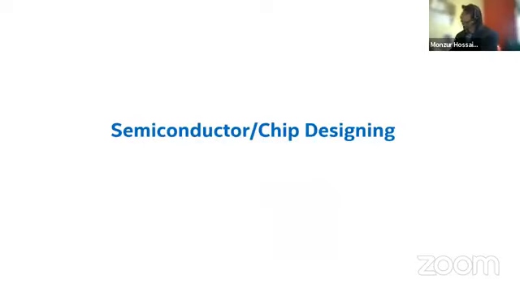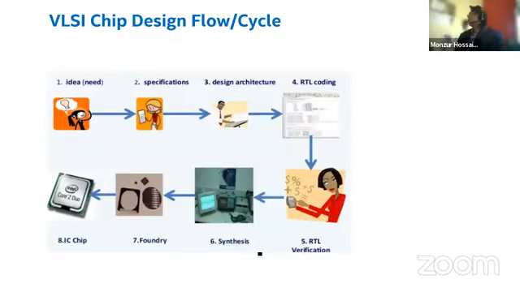All right, moving into the chip design, semiconductor design discussion, we'll look at how we design a chip. The engineers in the field know this, but we're trying to give you a very simple flavor of how we design a semiconductor or chip. In this chip design flow, or cycle, as you can see in the flow diagram, to design any chip, at the very first, some idea comes into the designer's mind: I'm going to bring this kind of chip into the market.